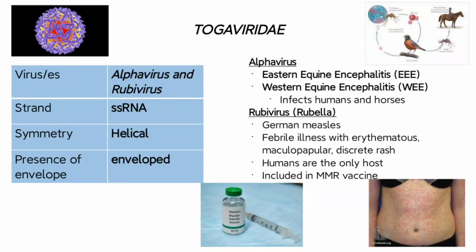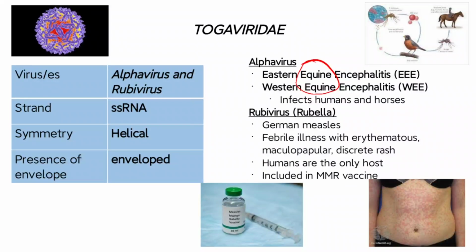Next, we have the Togaviridae. So, viruses dito, we have the alphavirus and the rubivirus. So, single-stranded RNA with helical symmetry, the presence of envelope siya. So, alphavirus, meron tayong dalawa, the Eastern equine encephalitis and the Western equine encephalitis. So, nasa pangalan niya mismo, equine meaning horses.